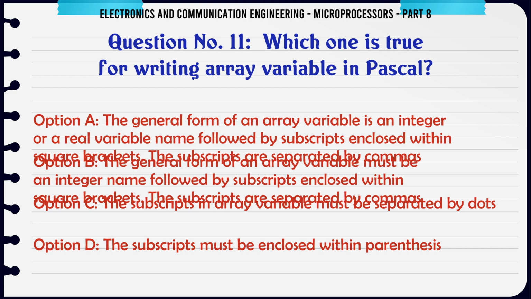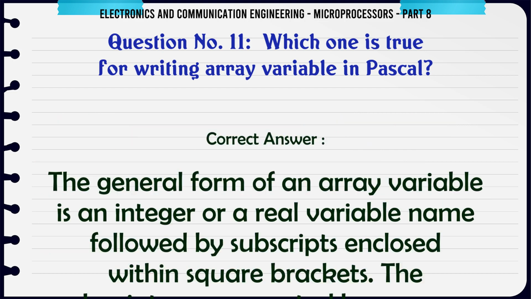The subscripts are separated by commas. C, the subscripts in array variable must be separated by dots. D, the subscripts must be enclosed within parentheses. The correct answer is the general form of an array variable is an integer or a real variable name followed by subscripts enclosed within square brackets. The subscripts are separated by commas.